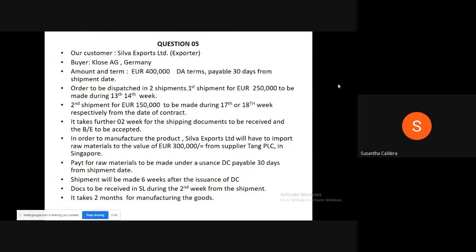Second shipment will be 21, 22 weeks. 21 and 22 weeks. The first one is not in the fourth month.